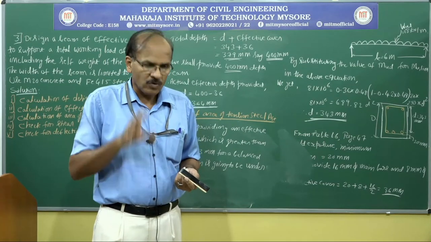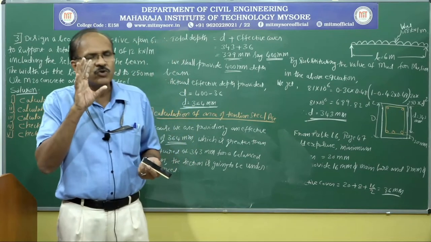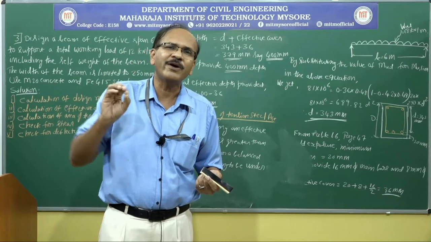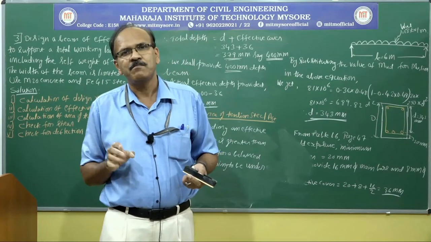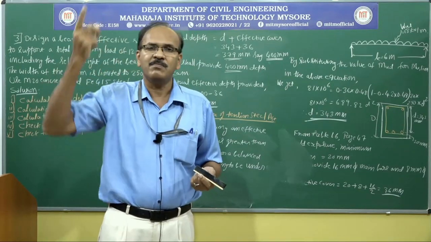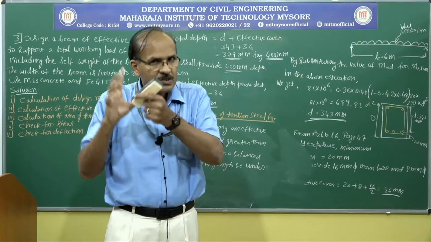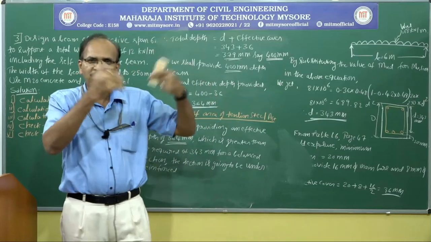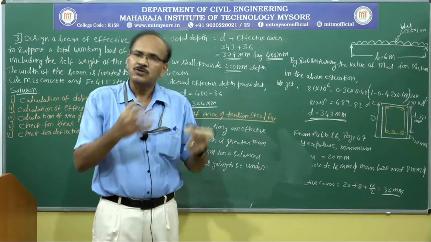Okay. So, if I take tensile force, it is going to be area of steel multiplied by the design strength of steel, which is 0.87 Fy, multiplied by the lever arm. That is equal to the moment we are going to apply due to the load.